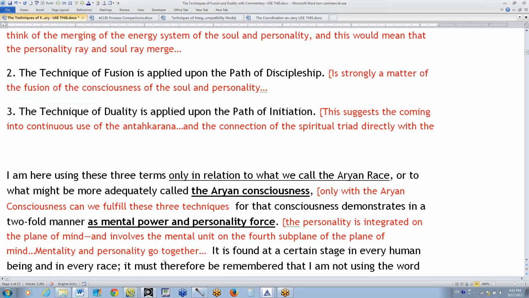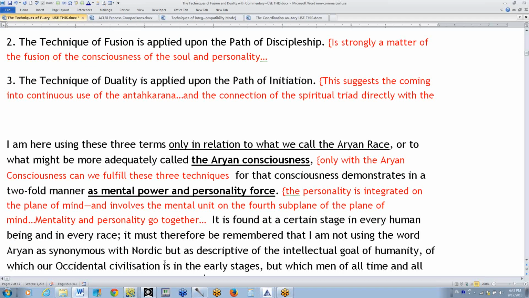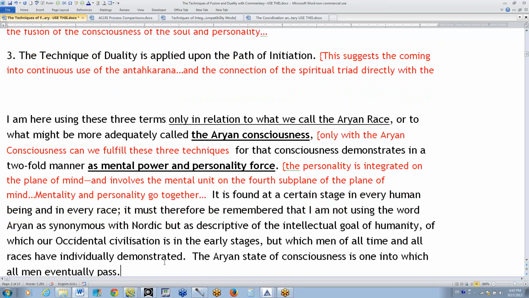It must therefore be remembered that I am not using the word Aryan as synonymous with Nordic, but as descriptive of the intellectual goal of humanity.